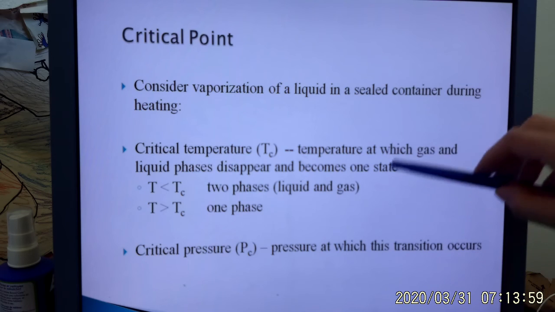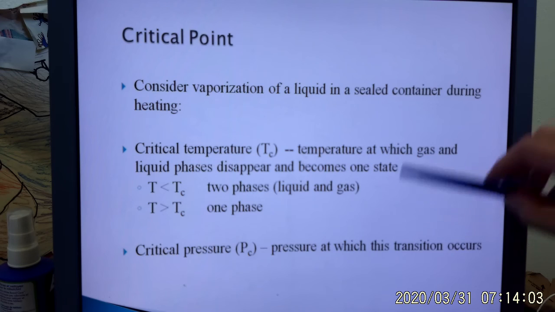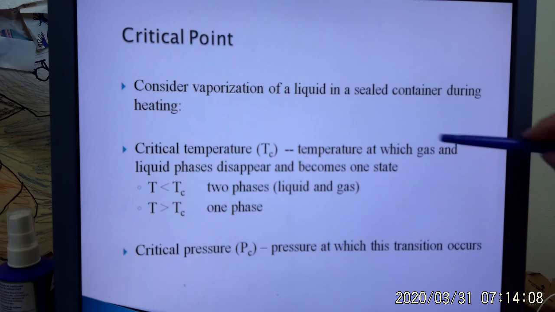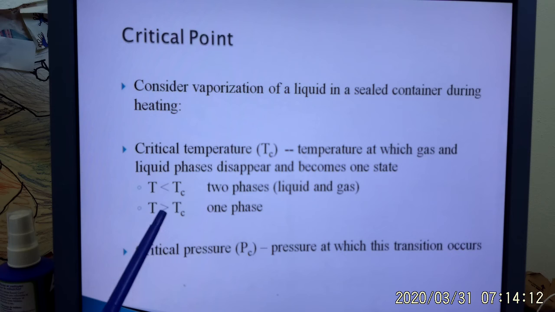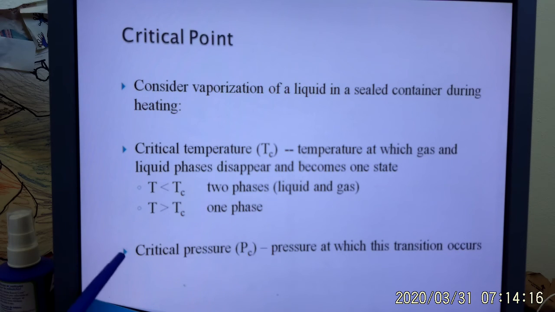When we hit critical temperature, suddenly you can't distinguish between your liquid and gas. It has the properties of both. So when your temperature is greater than critical temperature, you have one phase. You don't have two phases. And the critical pressure is the pressure at which this transition occurs. When we get to phase diagrams, we'll take a look.